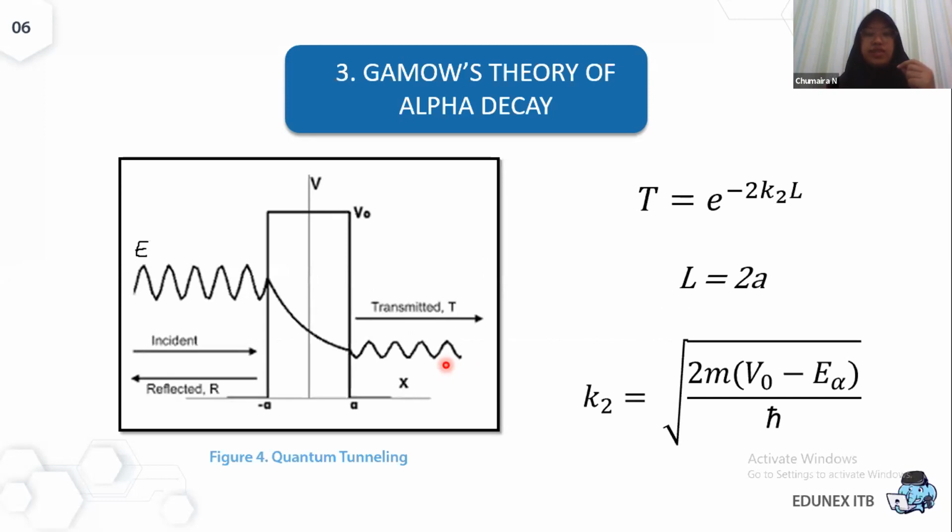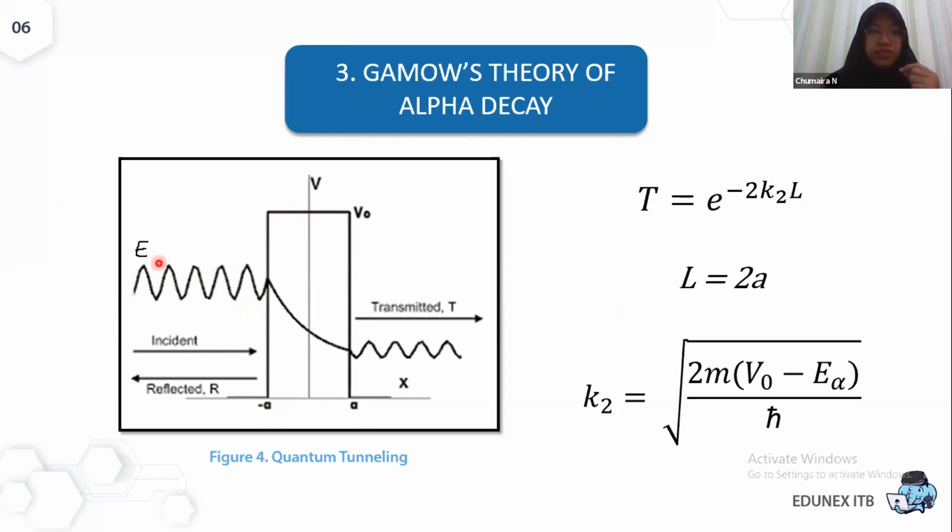So in quantum tunneling, we have a particle with an energy of E and a potential barrier with a height of V naught. And the potential barrier has a width of, this is minus A and this is A, so it's 2A. So in quantum tunneling, this particle has a probability of penetrating through this barrier, even though it has an energy much less than the height of the potential barrier.